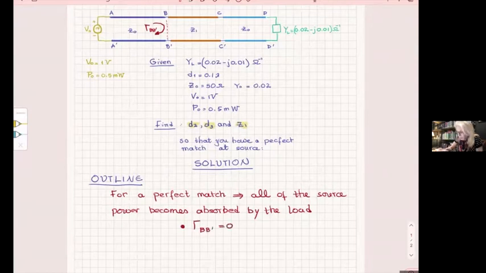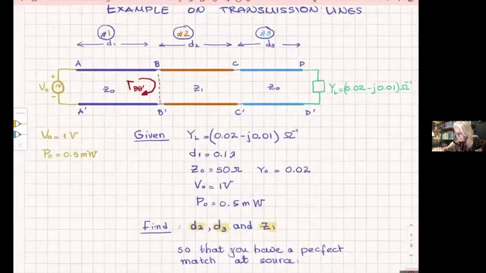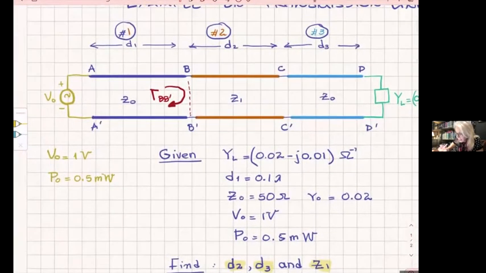Which means whatever power from the ideal source enters this transmission line, whatever power from the source comes here, nothing is going to be reflected at BB prime, and it's going to continue. Since nothing is reflected at BB prime, then it's going to go to the rest of the line.